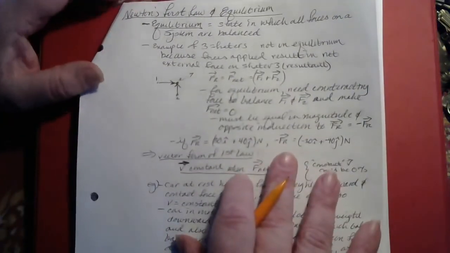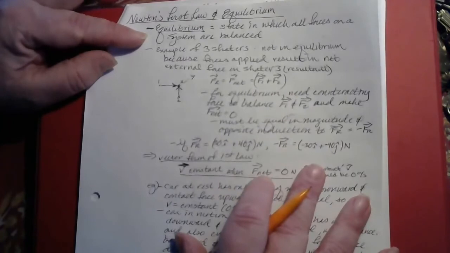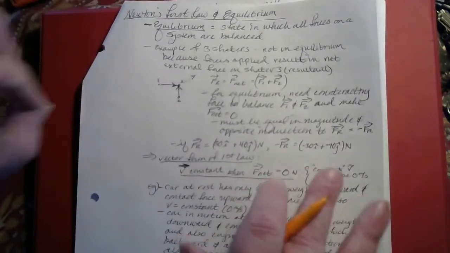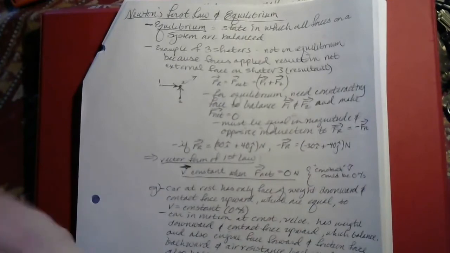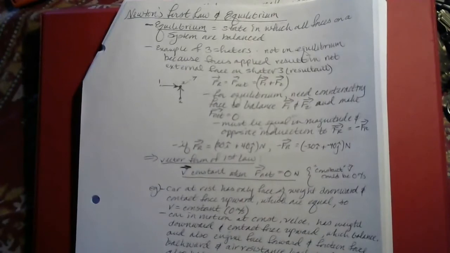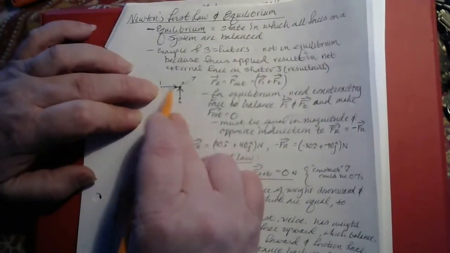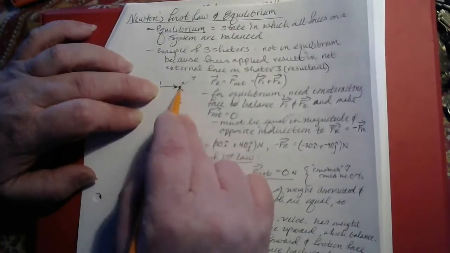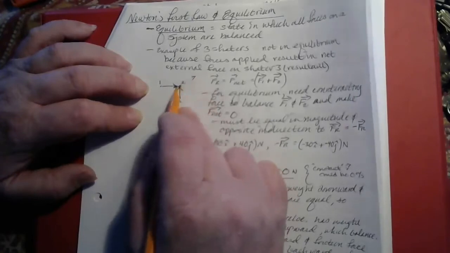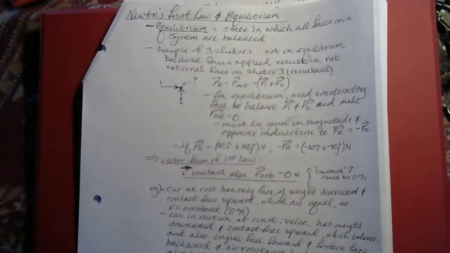Okay, Newton's first law relates to equilibrium also. Equilibrium is a state in which all of the forces on a system are balanced with each other. If we took the example of the three skaters from earlier, they were not in equilibrium because you've got skater 1 pushing on skater 3 in this direction, and skater 2 pushing on skater 3 in this direction, and that results in some movement in a third direction.